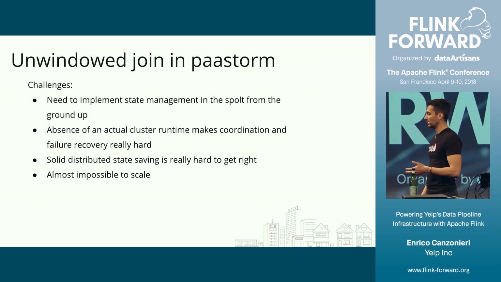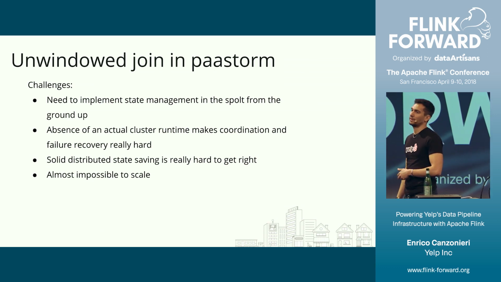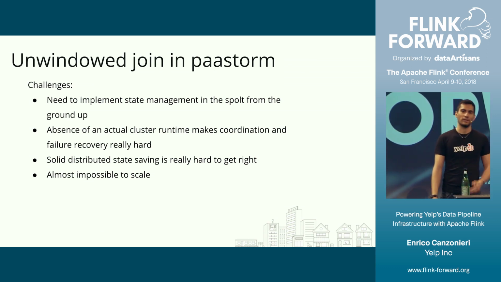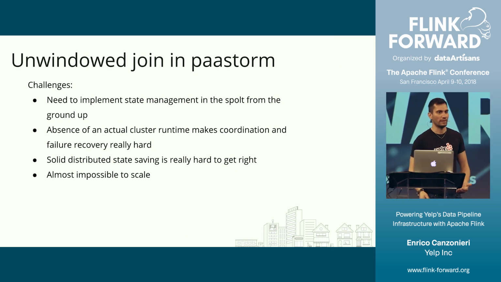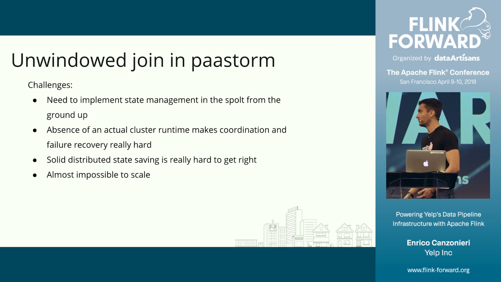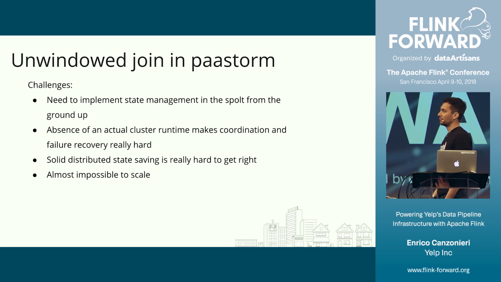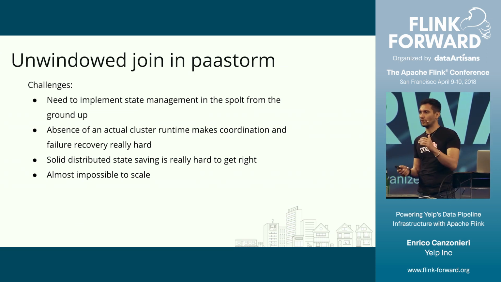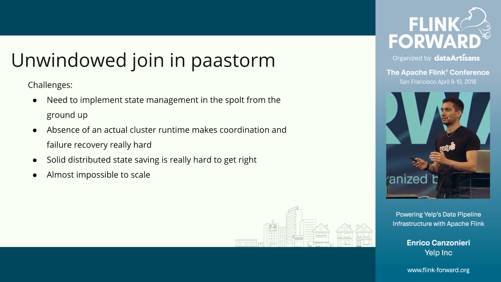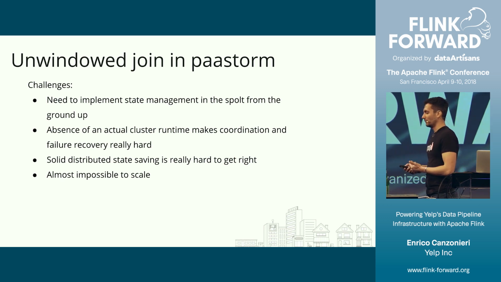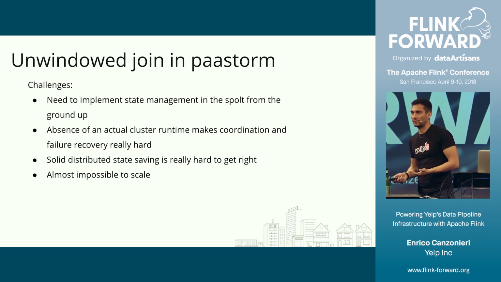Most of the issues we encountered were around corrupted state, and also how to checkpoint the state when you don't actually have a real distributed runtime. This application was basically impossible to scale also, because we needed to join different streams. So we wanted the streams to all go to the same process, and there was a single Python process. We were basically not using the Kafka consumer group at all.